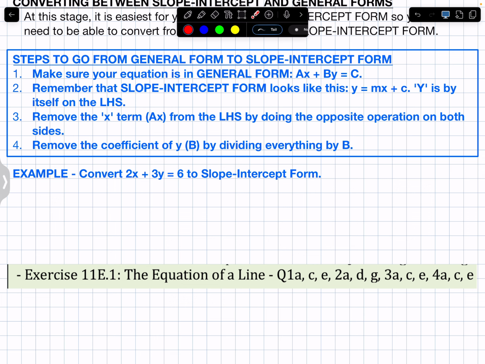Step two, not writing anything, you just have to remember in your mind that slope intercept form looks like this: y is equal to mx plus c, so y is by itself on the left-hand side. So convert my general form into that by removing the x term from the left-hand side, and then remove the coefficient of y by dividing everything by b. Just get that down and I'll demo it.